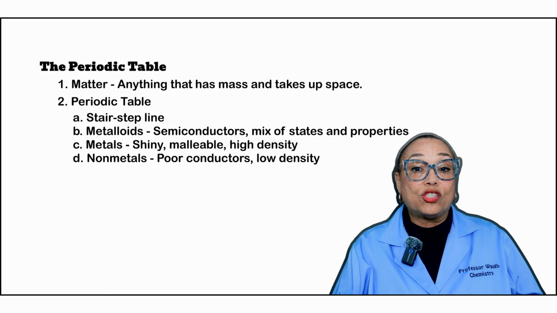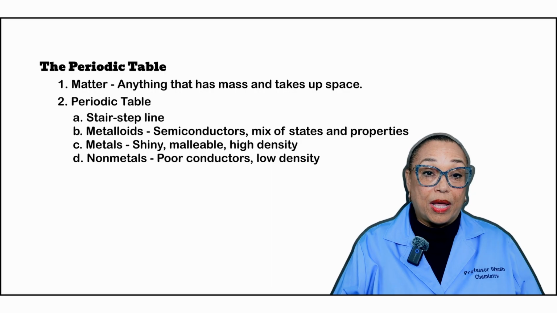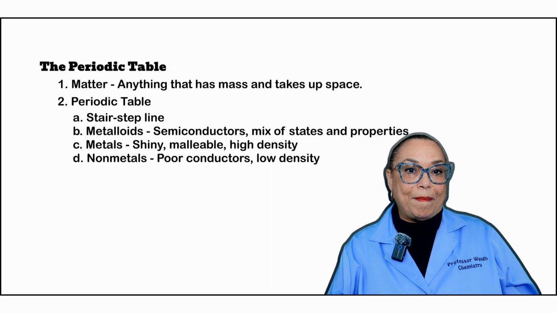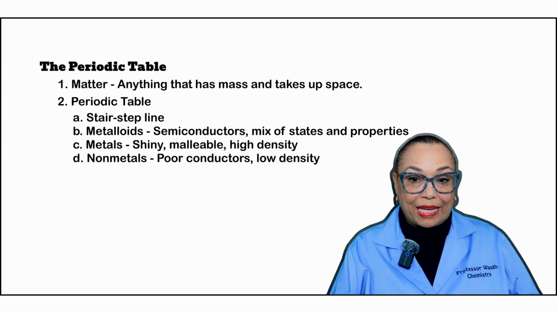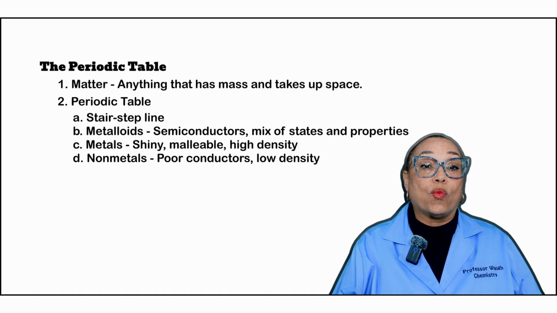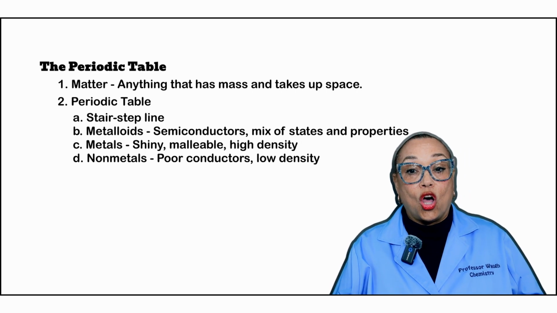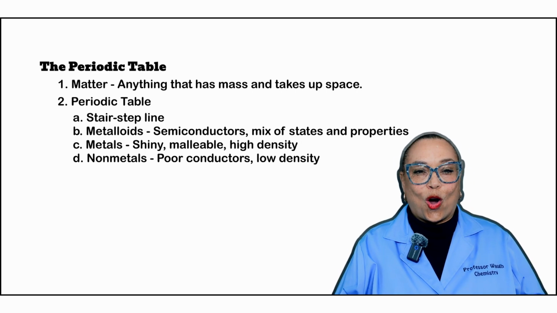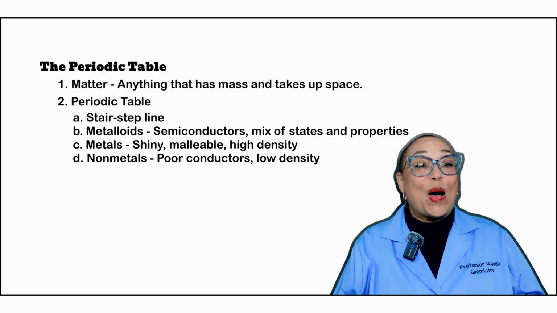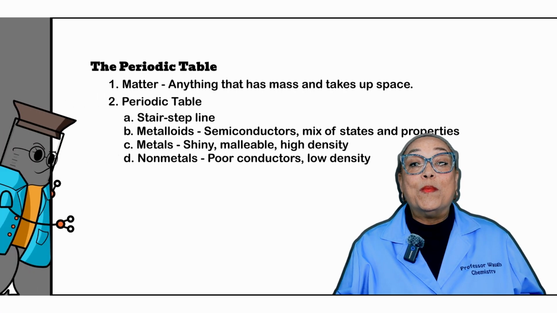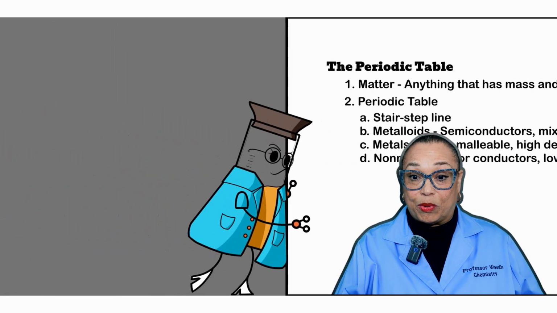All of the elements to the left of the stair-step line, except hydrogen, are metals. And finally, all elements to the right of the stair-step line that do not touch it, along with hydrogen, are the nonmetals. All right, now for the next video, we're going to go into depth more on the periodic table.